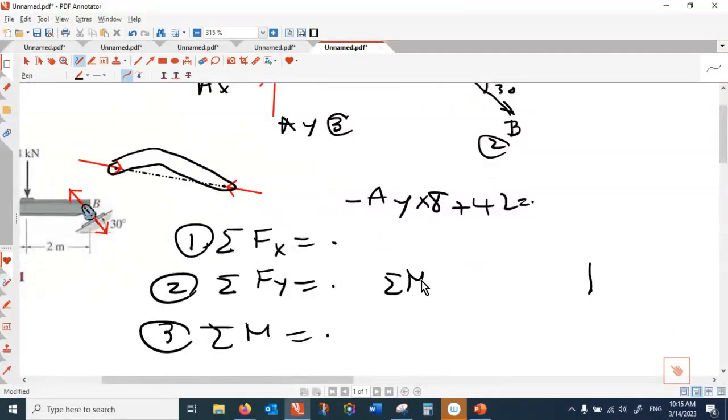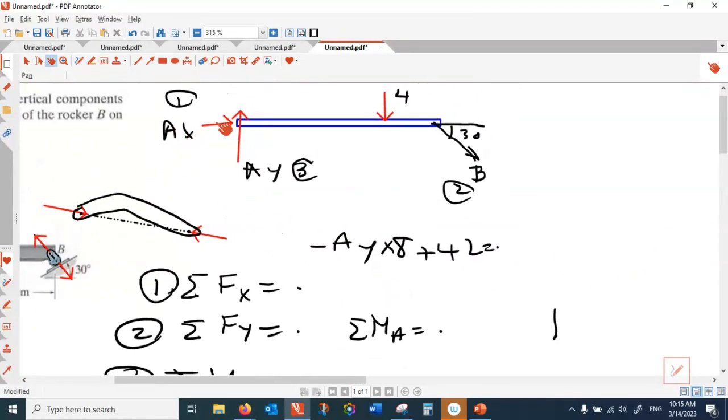Net rotation with respect to A equal to 0. That is, AX rotation vanishes, AY rotation vanishes, and BX rotation vanishes. So that is only BY. So BY is B cos 30, sine 30, and that is this one.